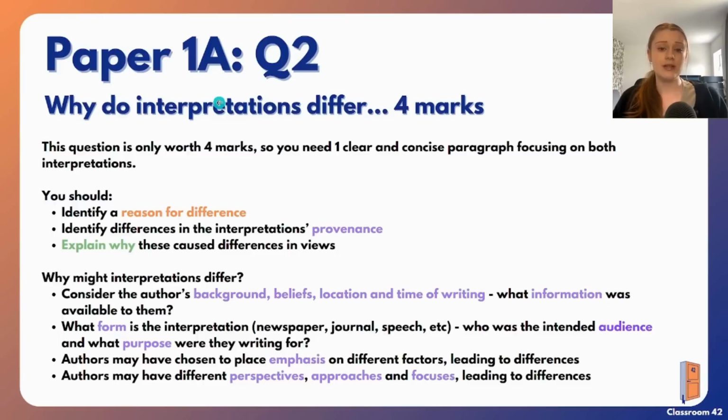There are lots of different reasons why interpretations might differ, and I've listed a few here. The first thing to consider is the author's background, beliefs, location, and time of writing. So you want to think about what information was available to them.